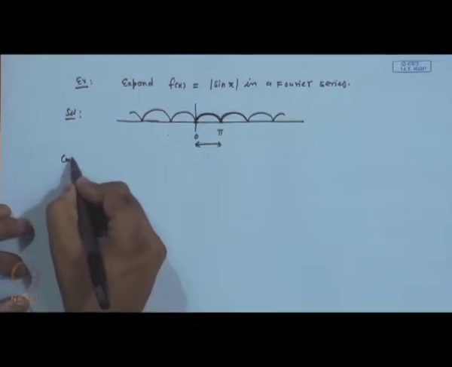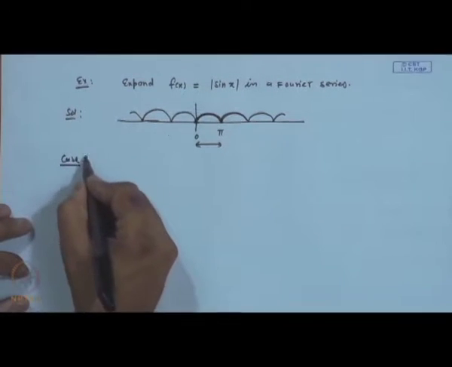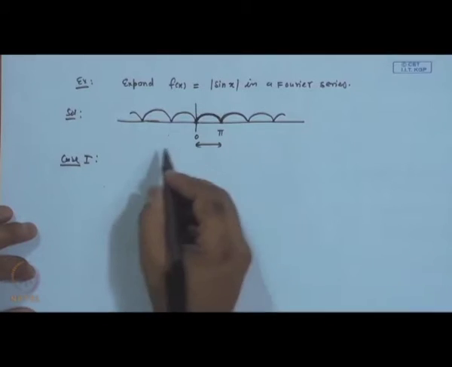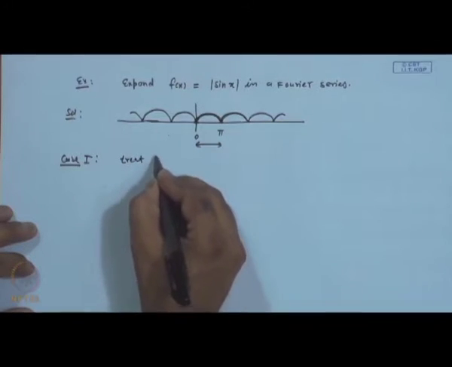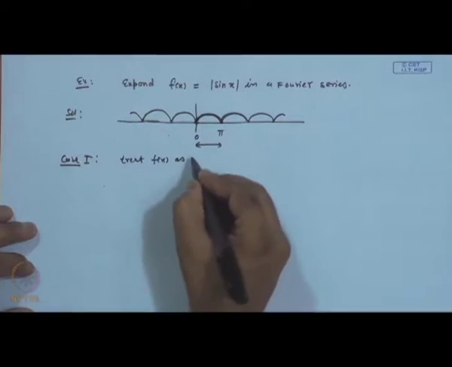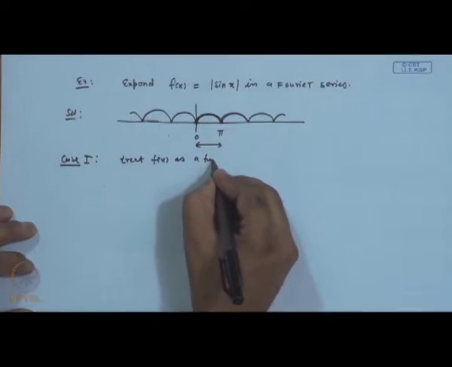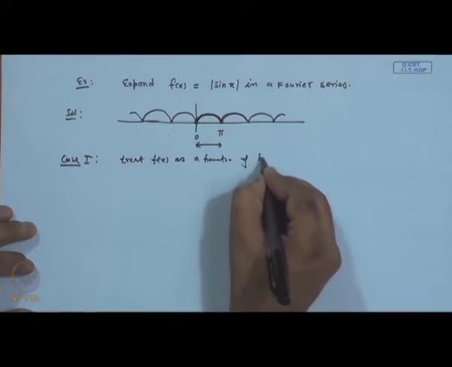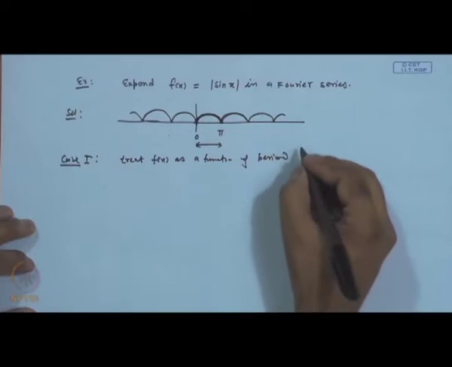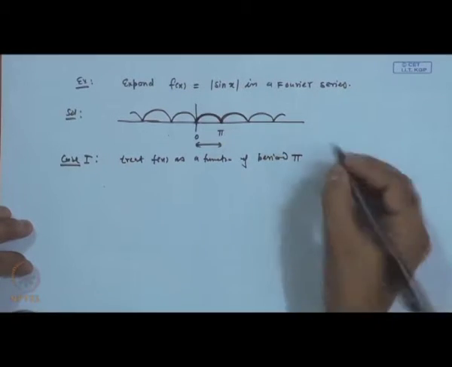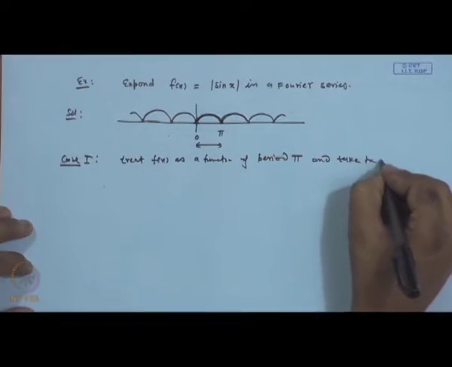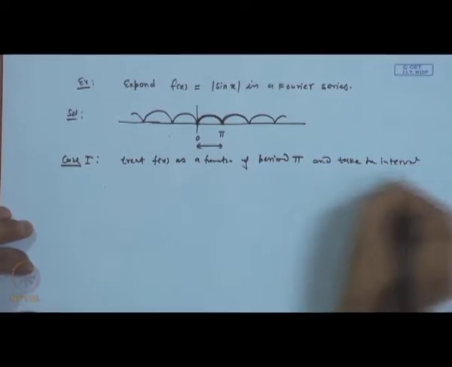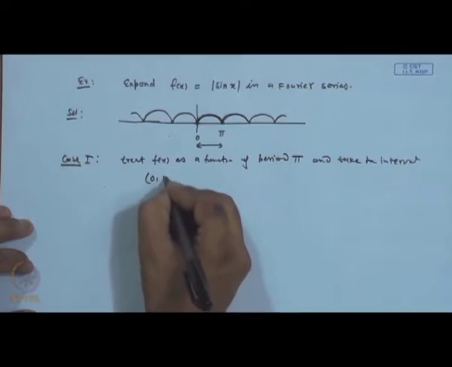So, to make it more clear, let us continue with case 1. That means we treat f(x) as a function of period pi, and we work in the interval 0 to pi.